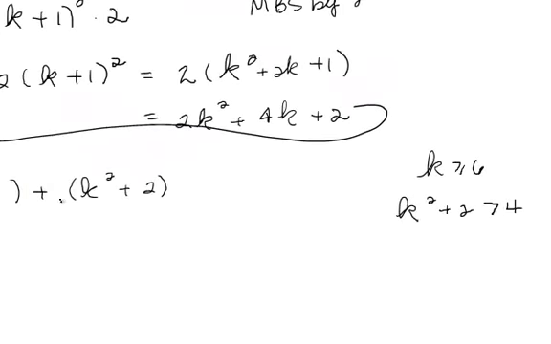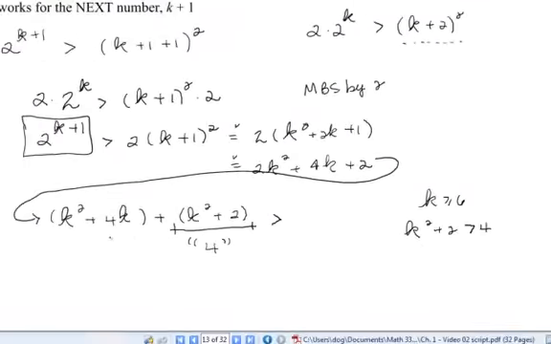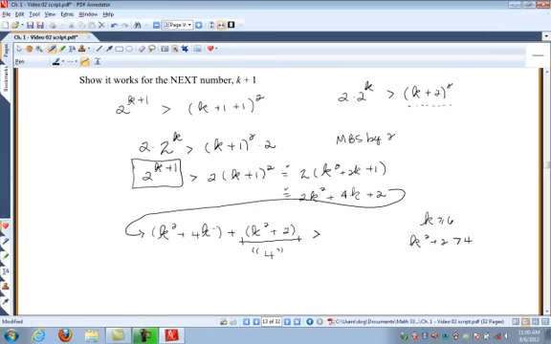So now I'm going to substitute here. I'm going to replace this by the letter 4, and instead of using equal signs now, I'm going to say greater than, so k squared plus 4k plus k squared plus 2 is greater than k squared plus 4k plus 4.